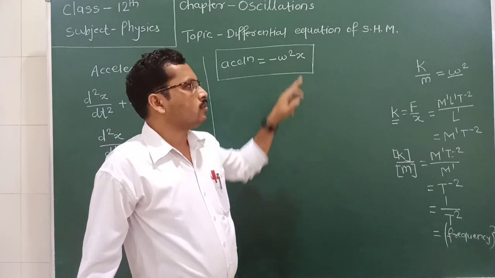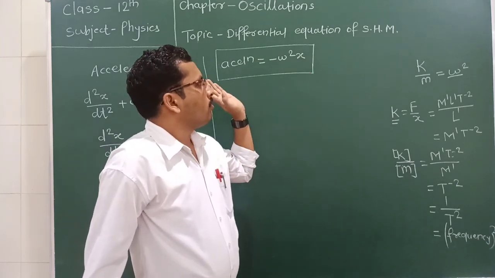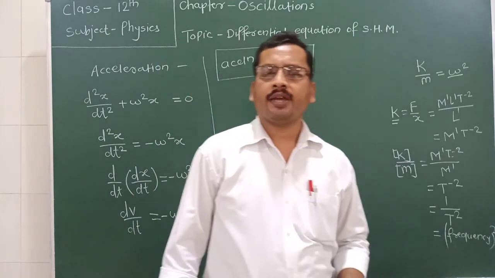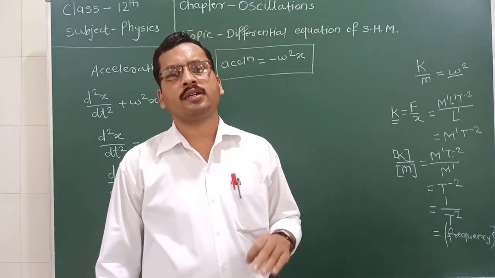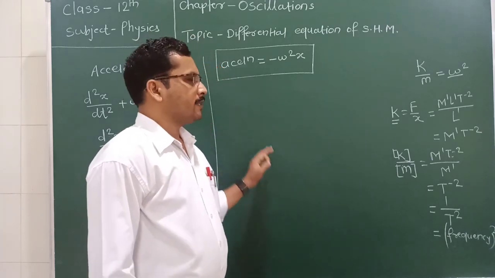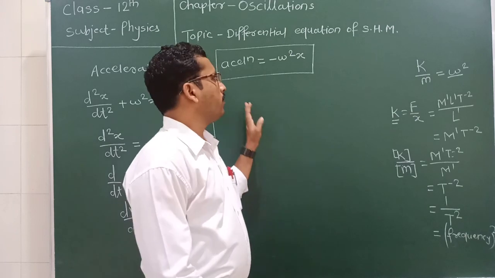So today we are going to stop here. In the next lecture, we are going to discuss the relation for the velocity and the displacement of a particle performing SHM.